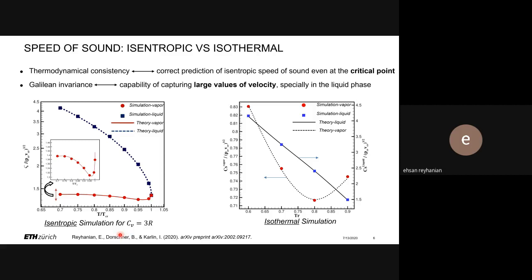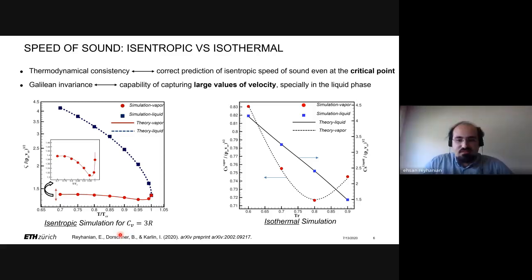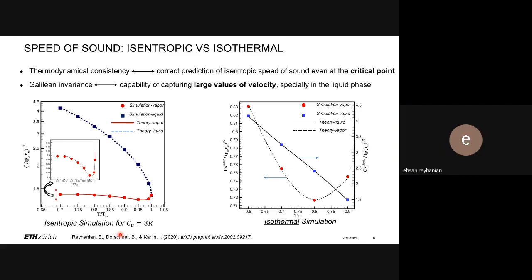And here the simulations can be addressed as isentropic. Now, for the two cases, we find a great agreement with theory for both the liquid and vapor phases at different reduced temperatures. However, it is clear that the speed of sound in an isentropic setup is significantly larger than in the isothermal setup, as expected.